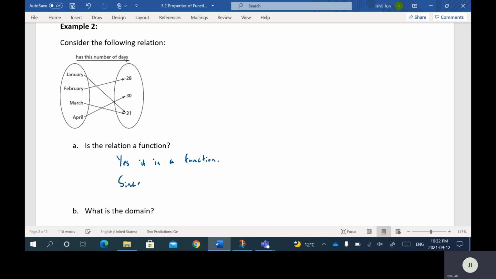And I'm just going to write the y. Since each month has only one option for output.